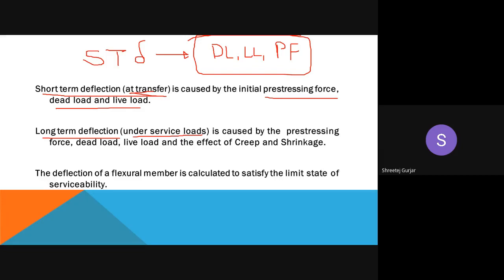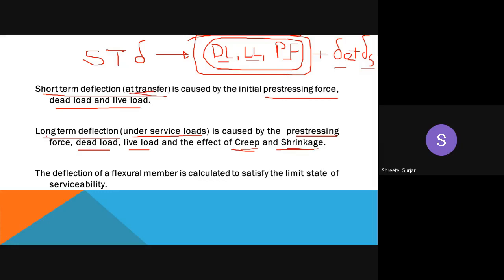There, along with dead load, live load, and pre-stressing force, you also add deflection caused by creep and deflection caused by shrinkage to calculate long-term deflection.